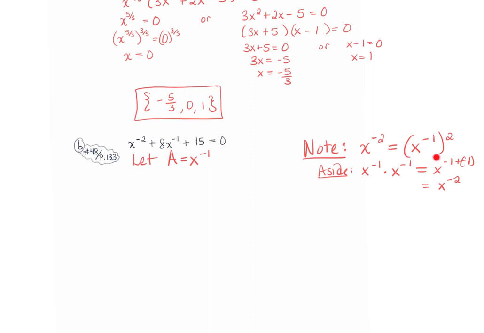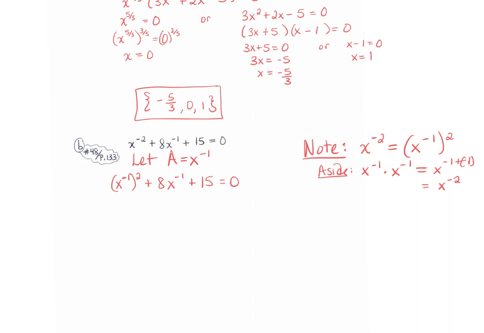So that's helpful because we know we can rewrite this x to the -2nd as x to the -1 squared plus 8x to the -1 plus 15 equals 0.